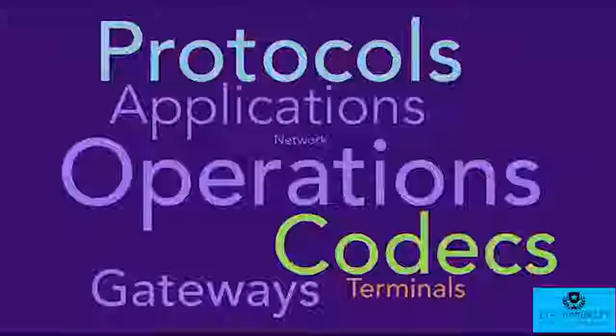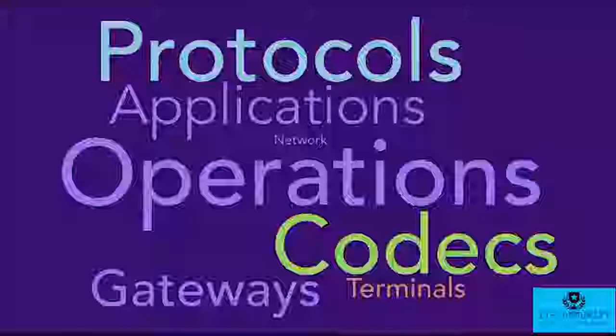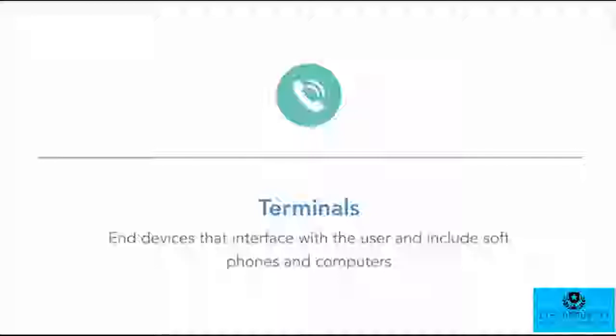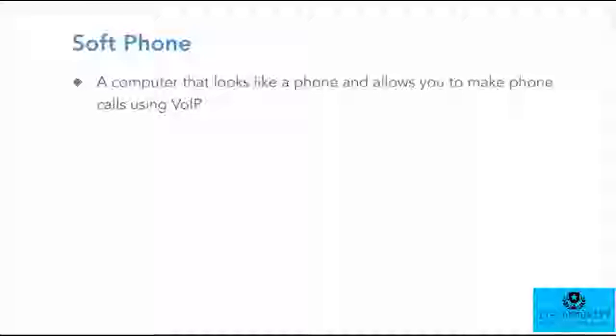When using voice over IP, most systems have several necessary components that include terminals, applications, codecs, gateways, protocols, and network operations. Terminals are the end devices that interface with the user and include soft phones and computers. A soft phone is a computer that looks like a phone.